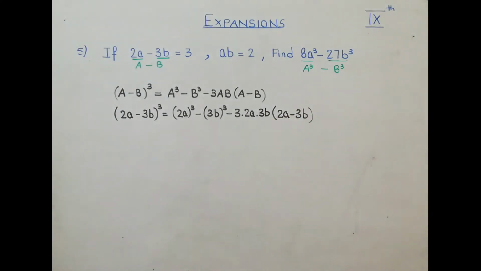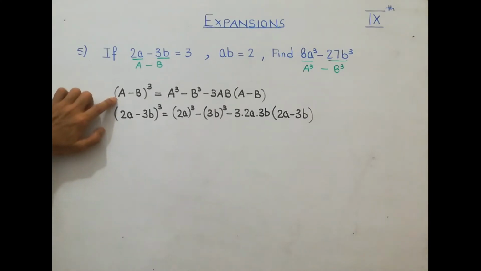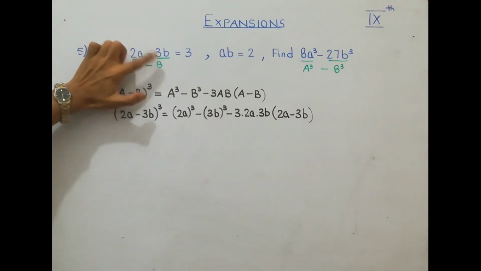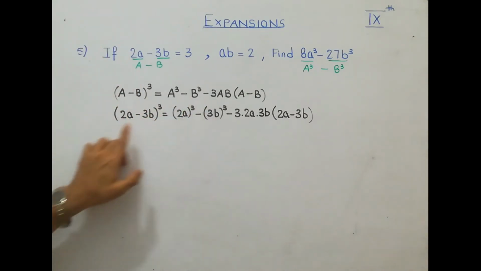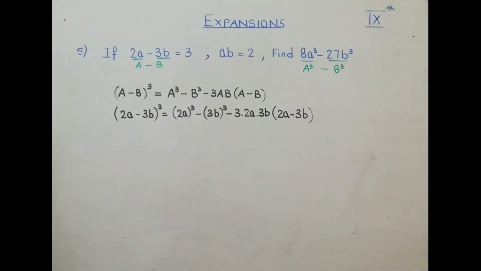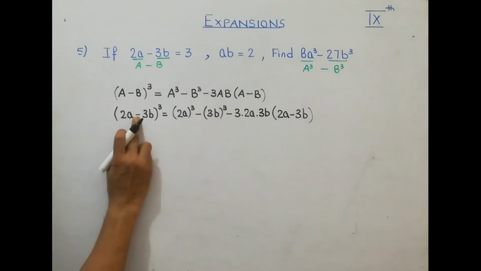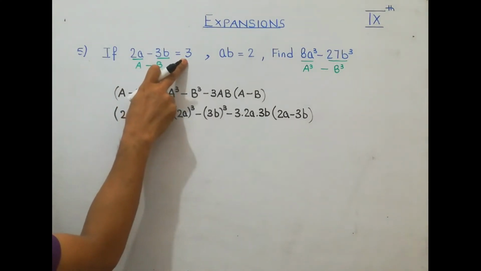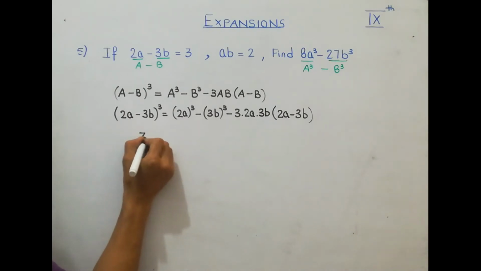See here, in this formula, A was replaced by 2A and B was replaced by 3B. So in this whole formula we are replacing it. So let's see what will be the result. 2A minus 3B can be replaced by 3. So this becomes 3 cube.